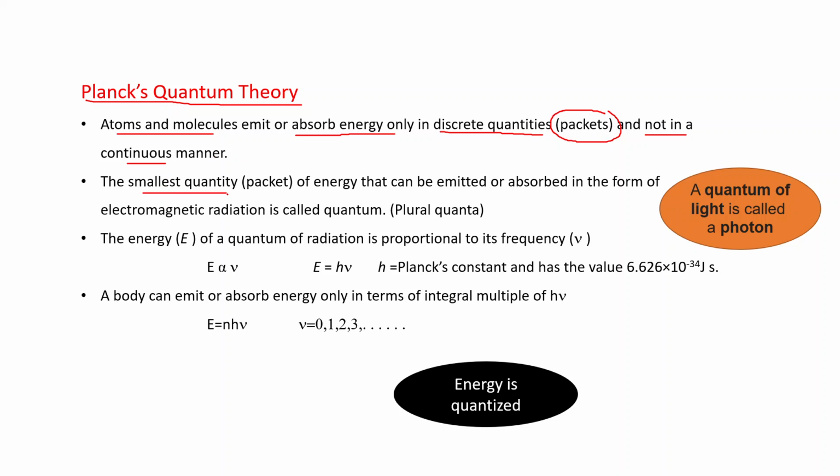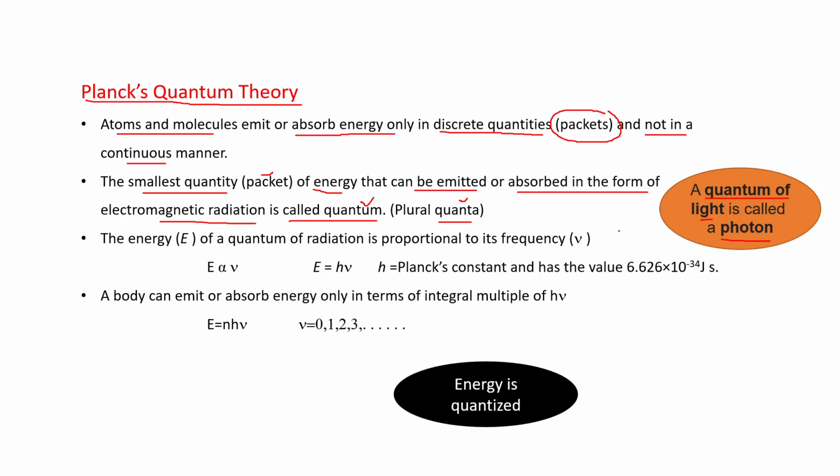The smallest packet of energy that can be emitted or absorbed in the form of electromagnetic radiation is called a quantum, and the plural is quanta. For one packet we use the word quantum, and for more than one packet we use the word quanta. Again, you have to remember, a quantum of light is called a photon.